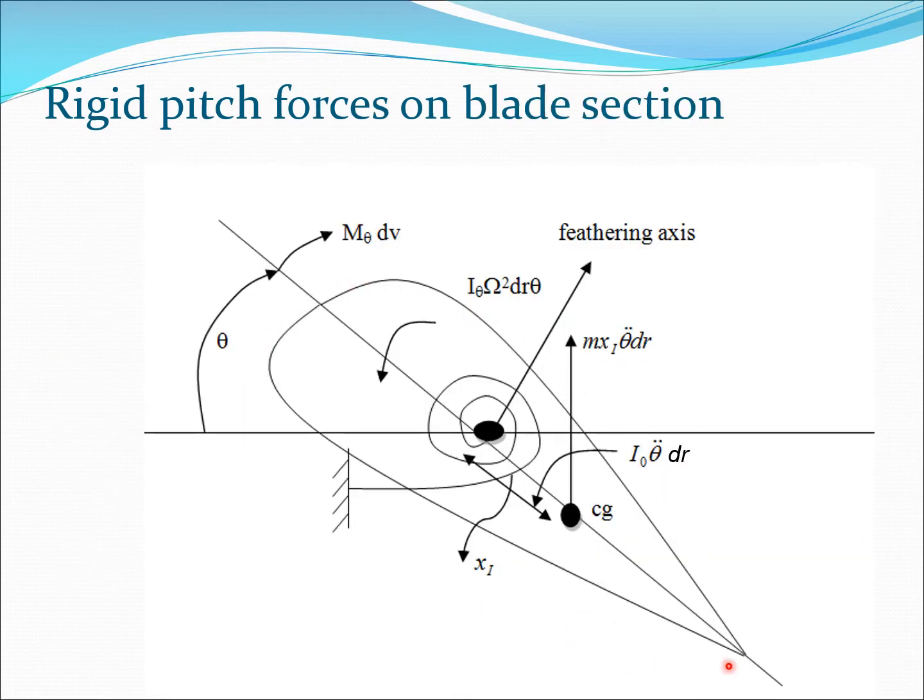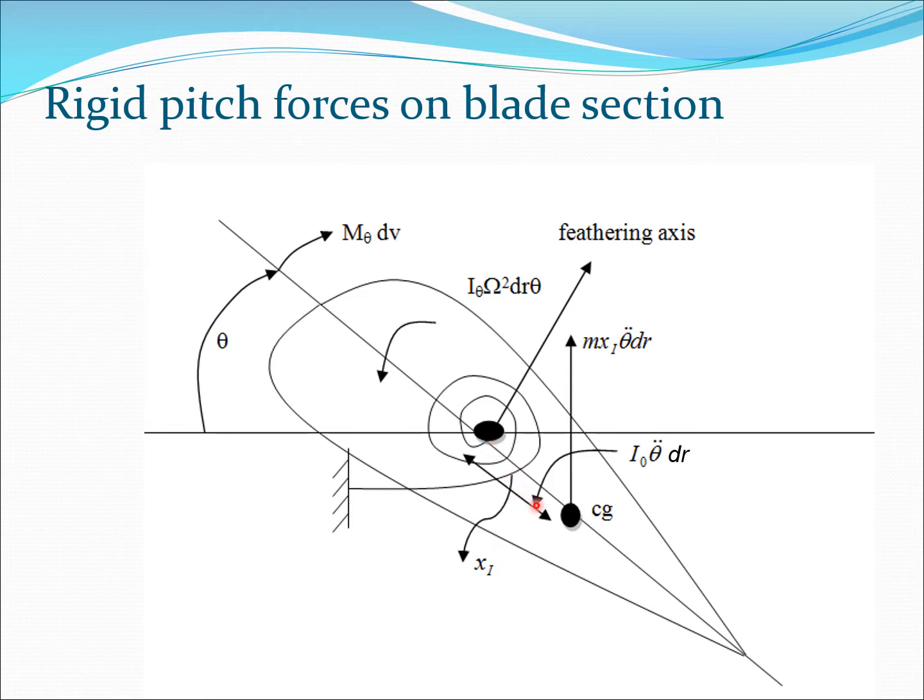So this is a typical blade section in pitch. Remember that there was a torsional spring, and this is the feathering axis here, this is the CG axis here. Let us look at all the forces which act on this particular section, of length dr, where r is in the radial direction. We start with one force around the CG, that is I0 theta double dot dr, from your basic dynamics.